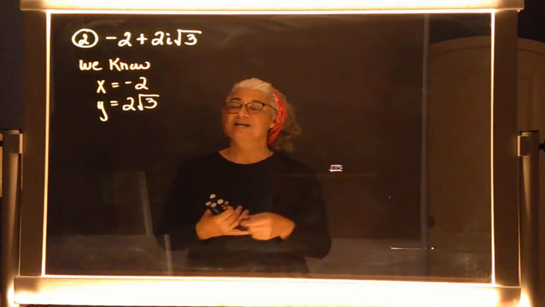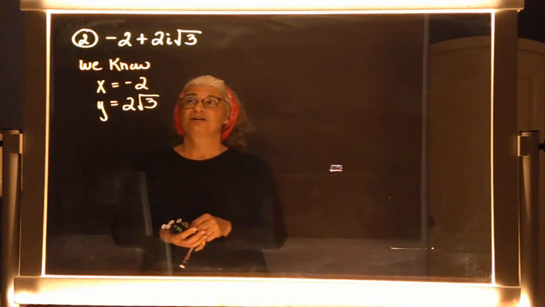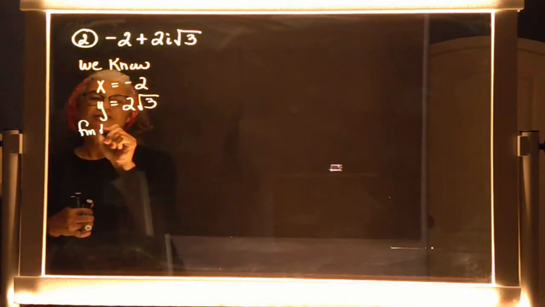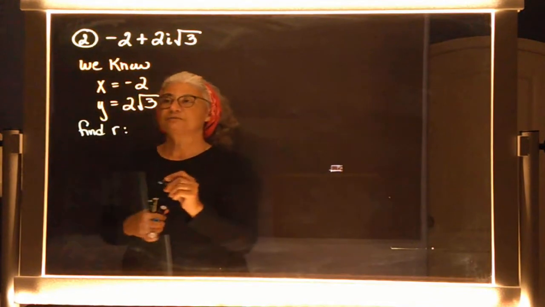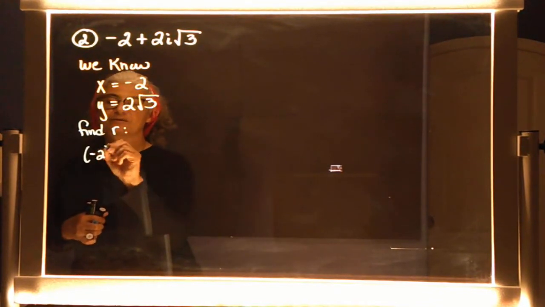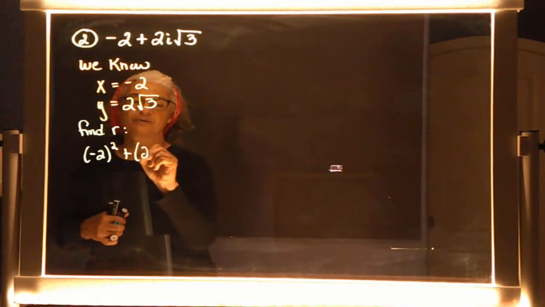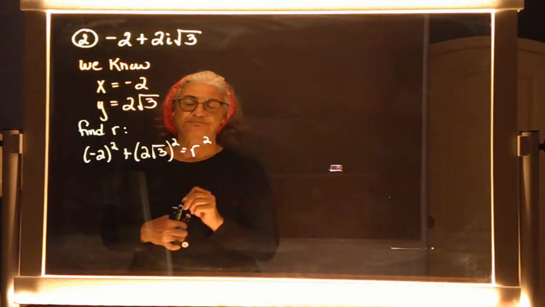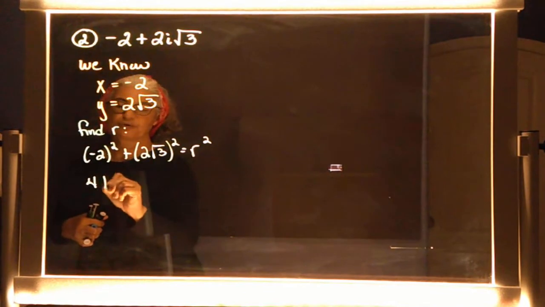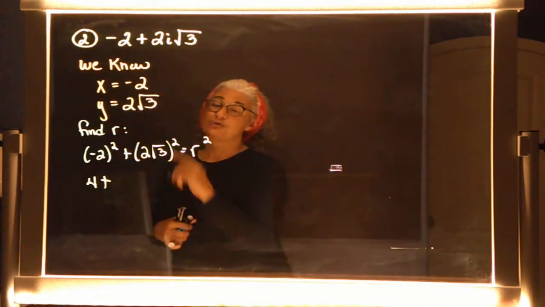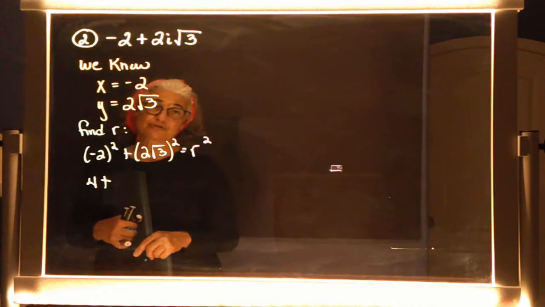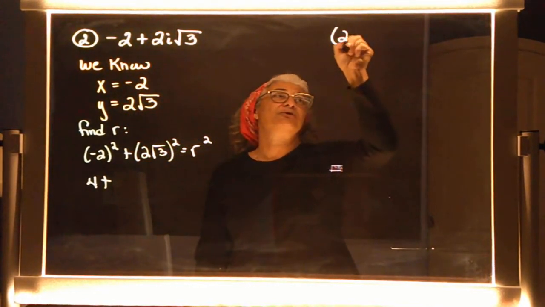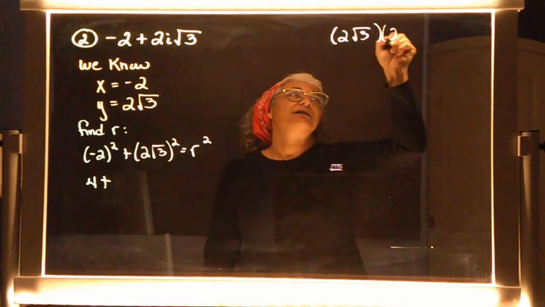And so since that's our x and that's our y, what can we find? Good, so we can find r. Well, Pythagorean theorem, x squared plus y squared equals r squared. Agreed? So we've got 4 plus. Okay, so you have to remember how to square radicals. So, okay, side work for some of you who are like, okay, show me again. Here's your side work.